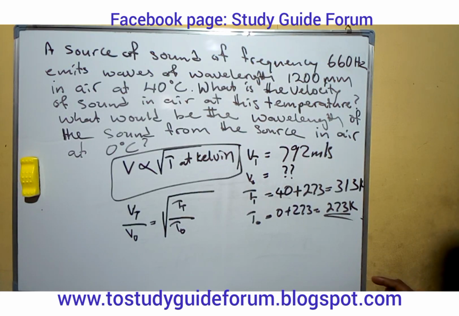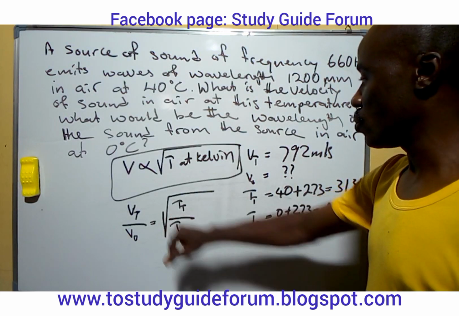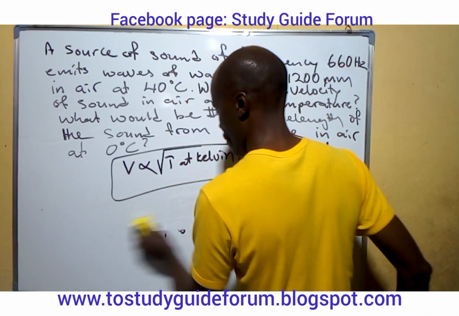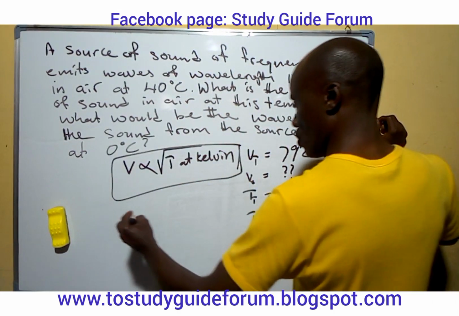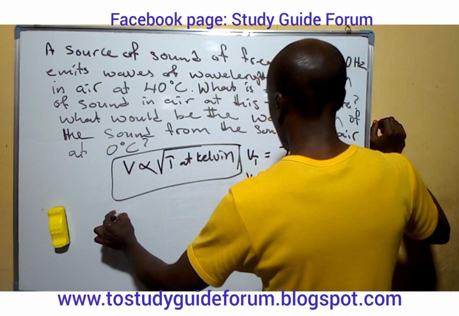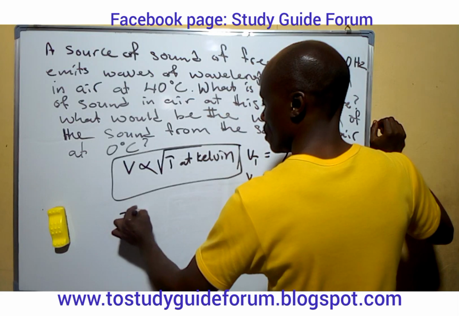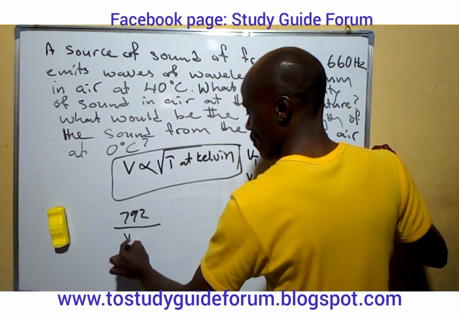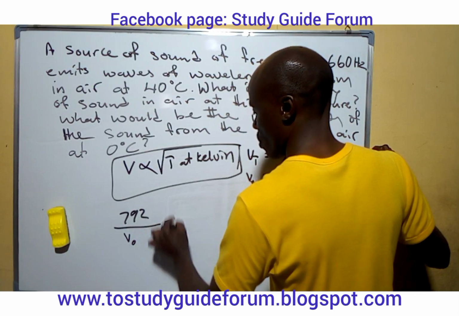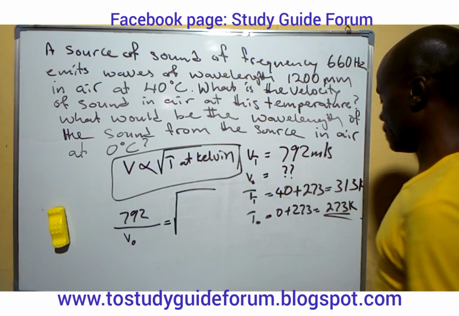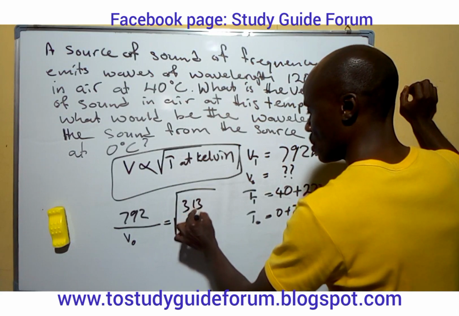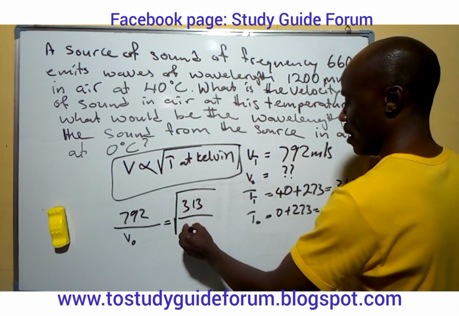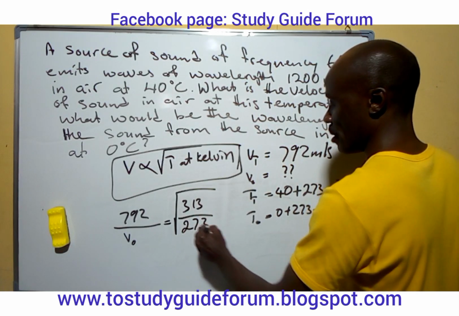Knowing all these things now, we can substitute. For this temperature, velocity, we have 792 over V0 equal to the square root of 313 all over 273.